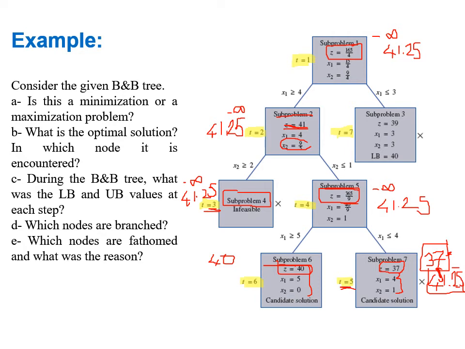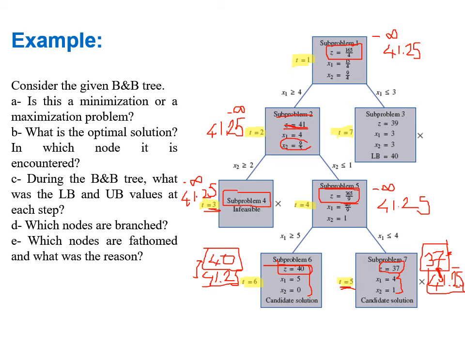If we stop here, the best possible that we have is 40, and it deviates from the best possible solution by only 1.25. But maybe there's a better solution, or maybe this 40 is the optimal. We don't know. We need to continue until the end if we want to find the optimum solution. Otherwise, if we are okay with this error, then we can stop at this point.